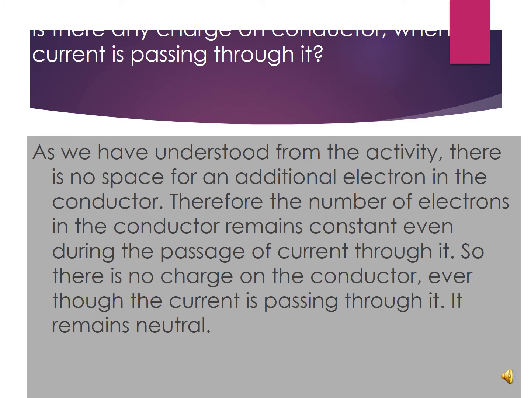So there is no extra charge on the conductor when the current is passing. Please keep it in your mind. The conductor will not be charged when the current is flowing through it. It remains neutral.